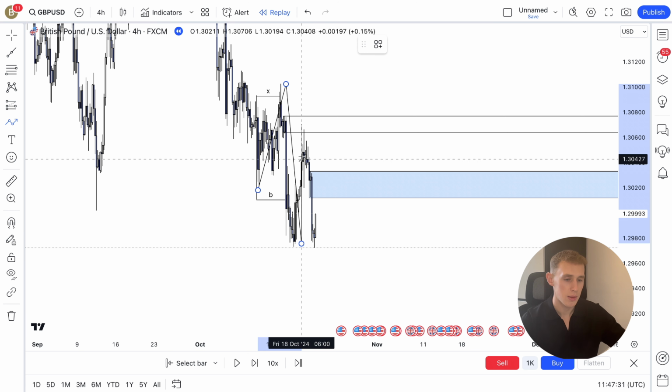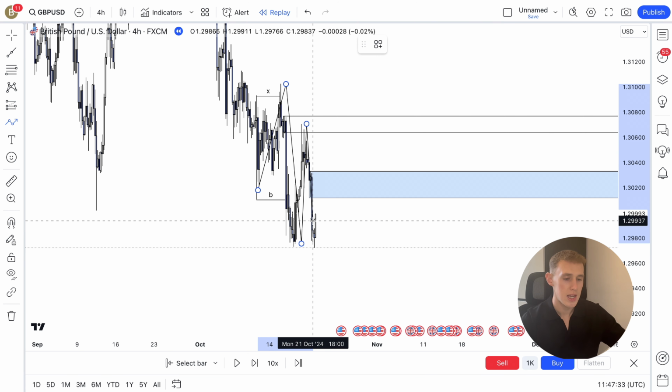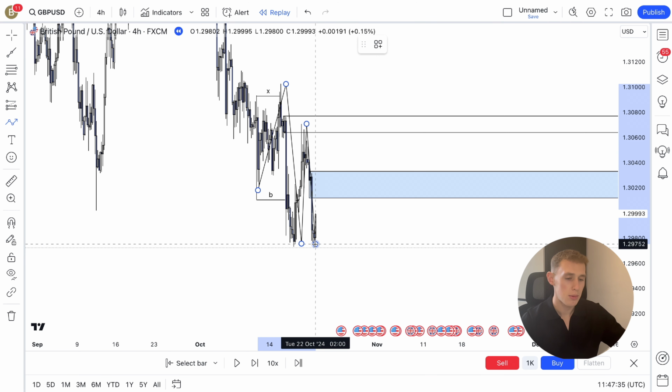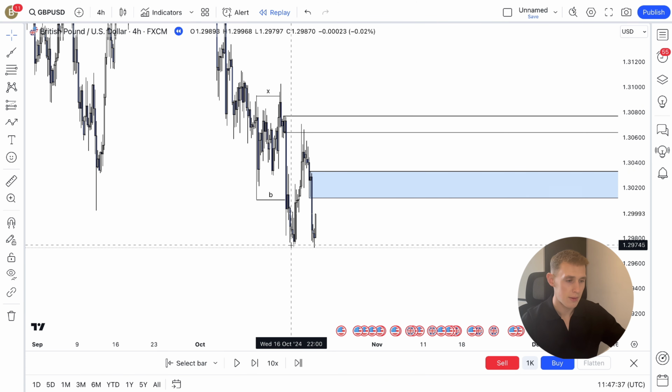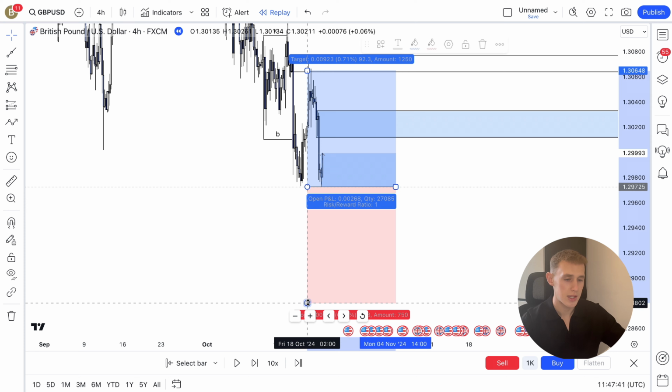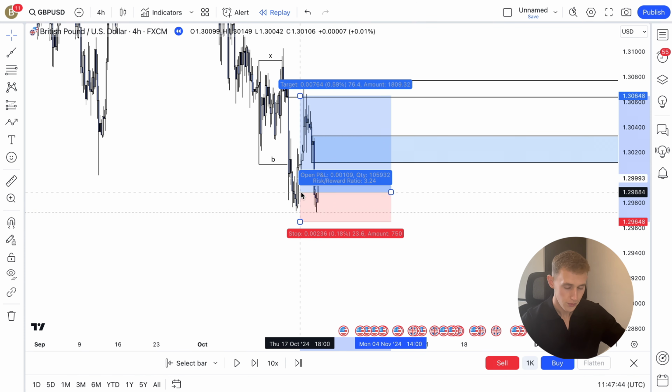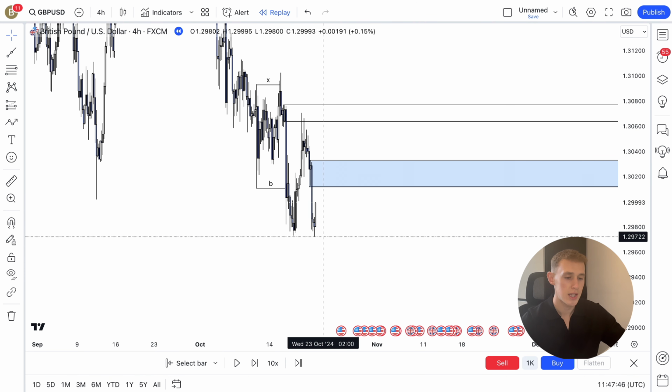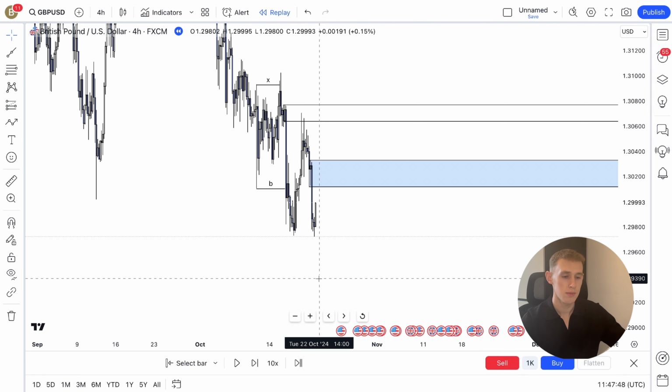We reacted from supply, pushed down, created equal lows. So we know that people that are buying at this sort of level right here with their stops just below, because this is a support level. So we're looking to short down into this sort of level after a retracement. So I was waiting for price to come back into that supply.